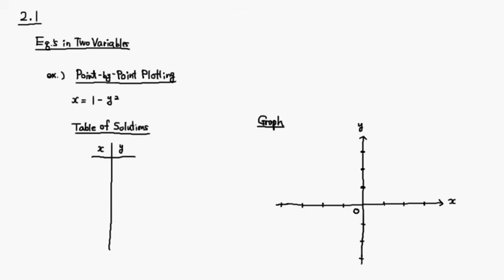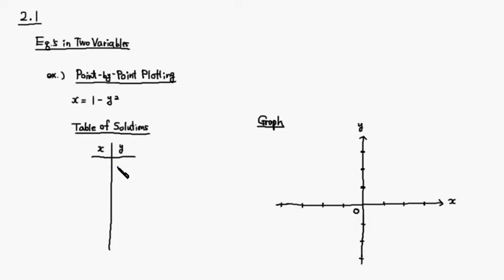All right, so here's an example. We want to sketch the graph of the equation x equals 1 minus y squared. First thing we do is make a table of solutions. x is isolated, so I'm going to try some y values that are close to 0, so that we don't have to deal with big numbers.